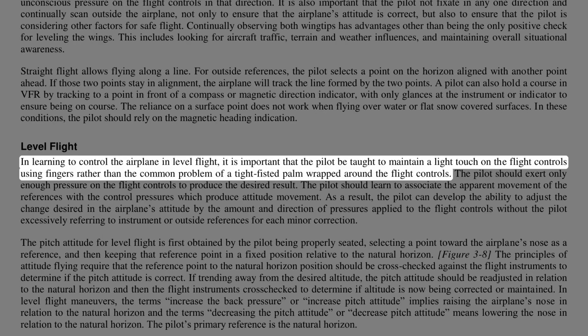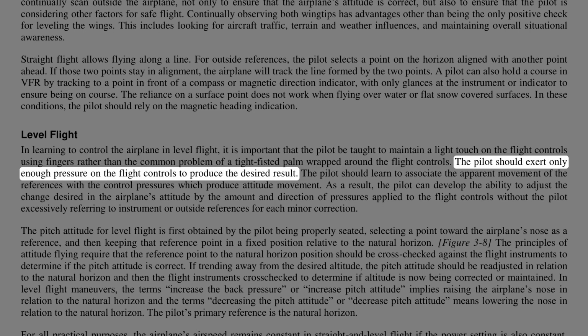Level flight. In learning to control the airplane in level flight, it is important that the pilot be taught to maintain a light touch on the flight controls using fingers rather than the common problem of a tight-fisted palm wrapped around the flight controls. The pilot should exert only enough pressure on the flight controls to produce the desired result.